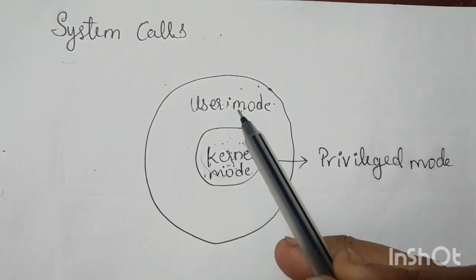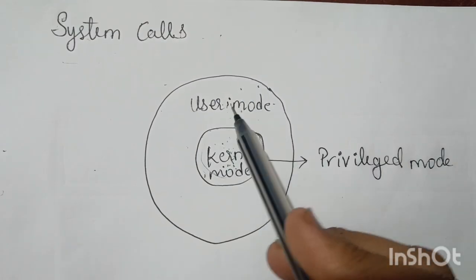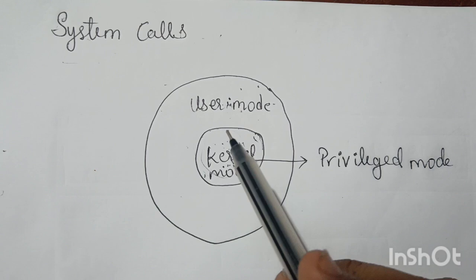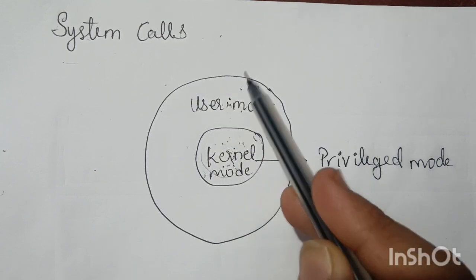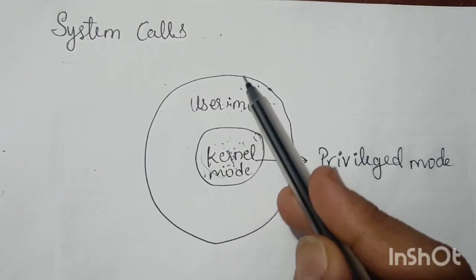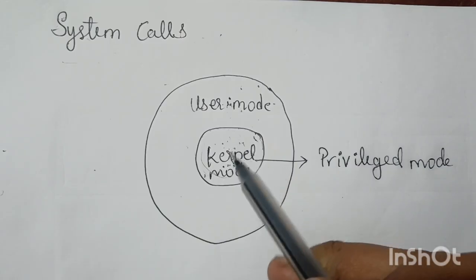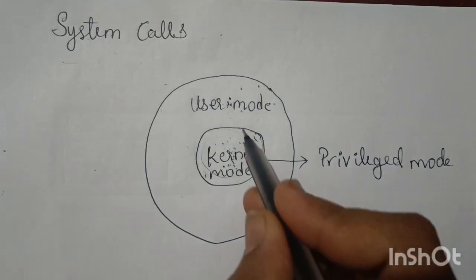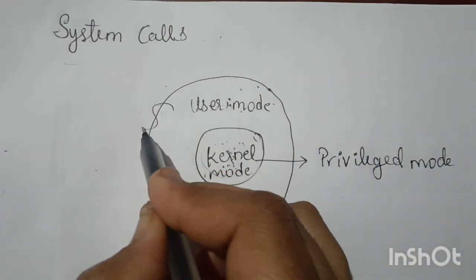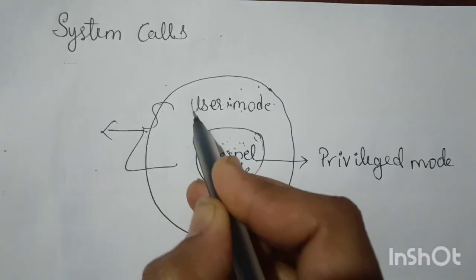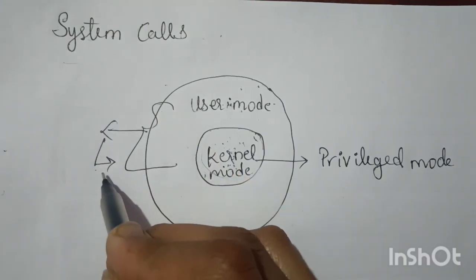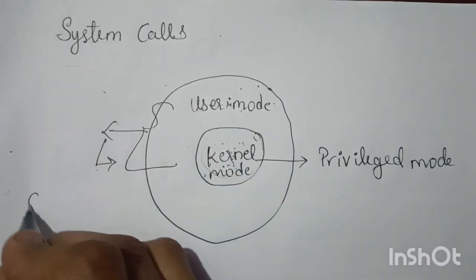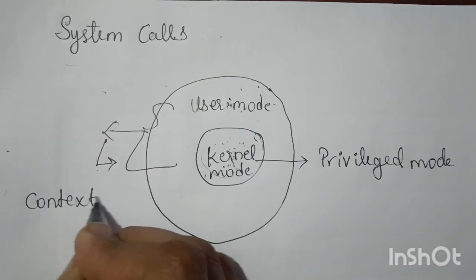Now this process of switching from user mode to kernel mode and kernel mode to user mode, which we saw in dual mode operation, is called context switching. So the switching between these two modes is called context switching.